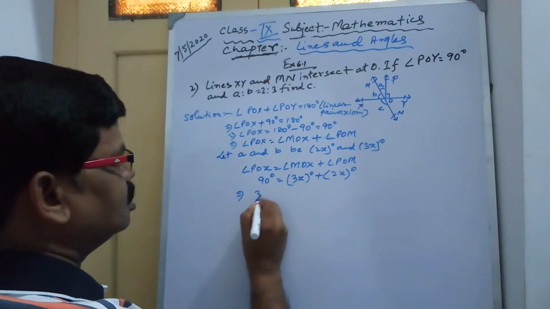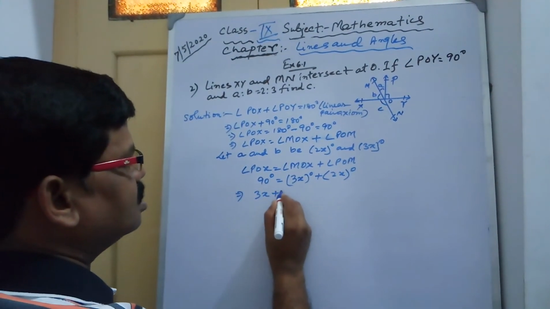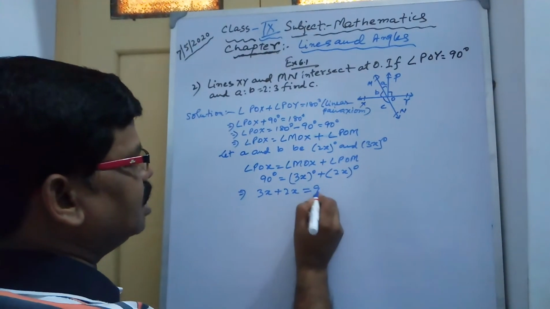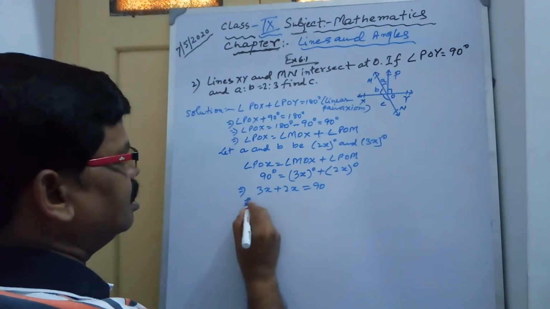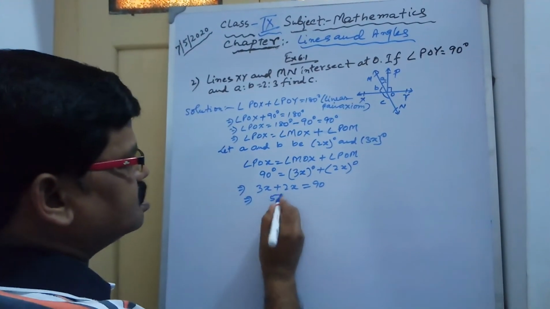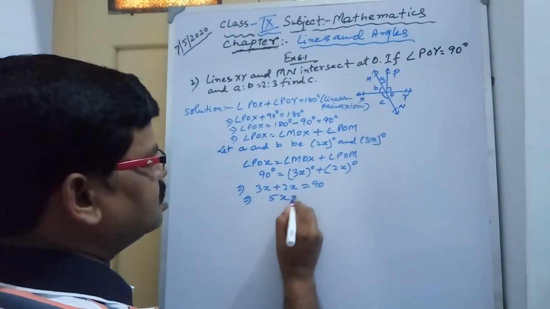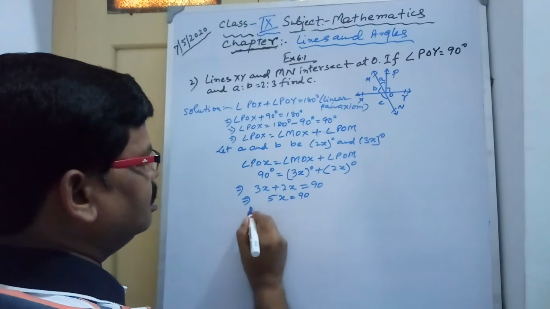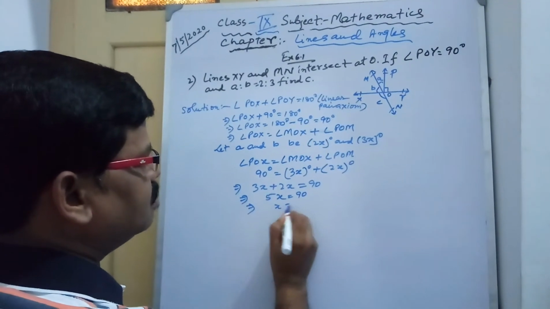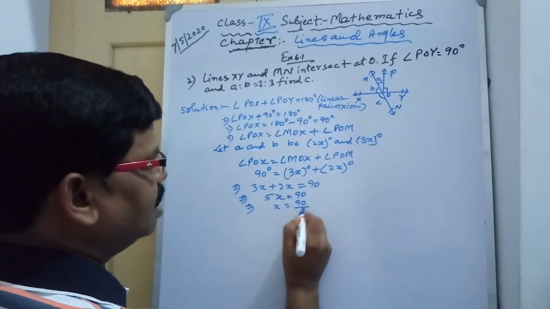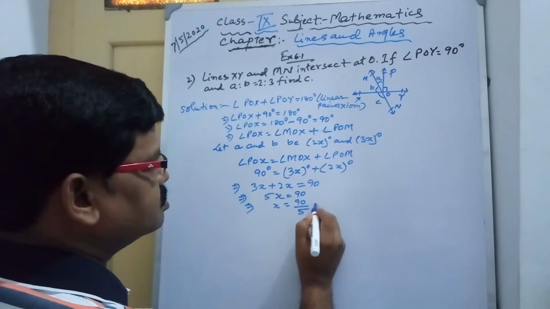So 3x plus 2x equal to 90. 5x, adding 3 plus 2, 5. So 5x equals 90. x equals 90 by 5.